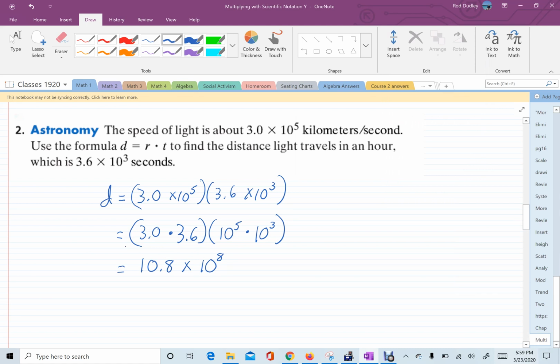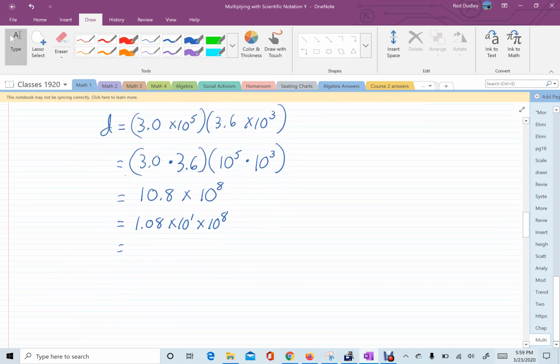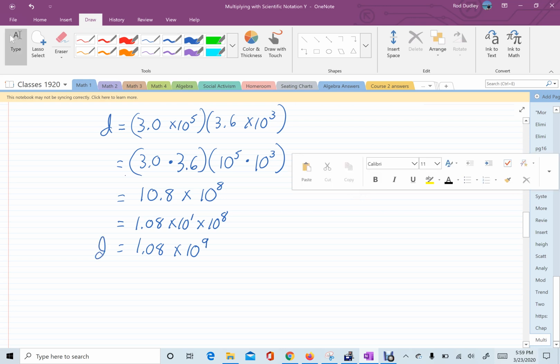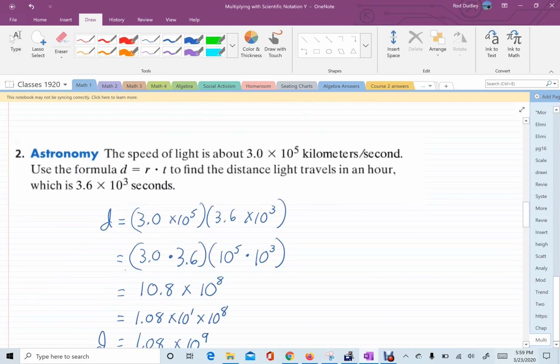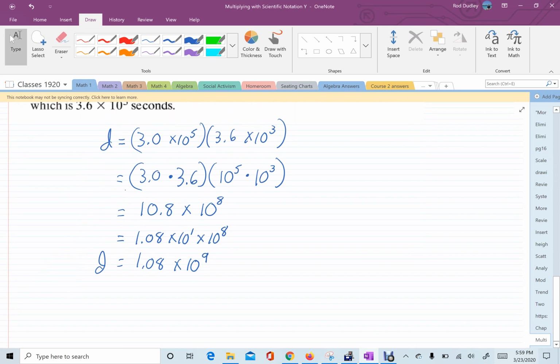Now remember, 10.8 isn't scientific notation. We have to make that 1.08 times 10 to the 1st times 10 to the 8th, which is 1.08 times 10 to the 9th kilometers.